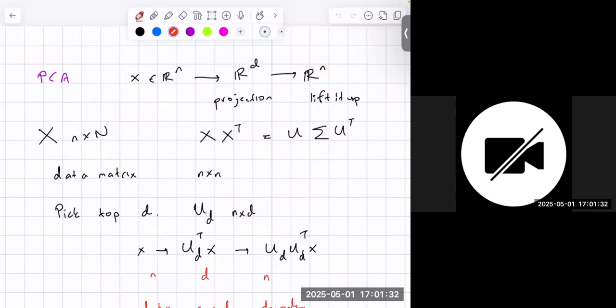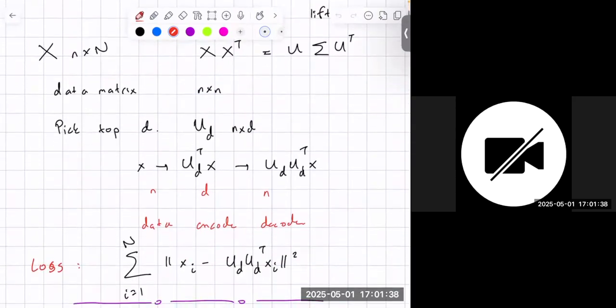Anyway, the reason it's called autoencoder is it's inspired by PCA. So in PCA, what do we do? We find the top directions by eigenvalues or singular values, whichever way we do. Then we take our data, we project it down to those D directions, but then we put it back up.